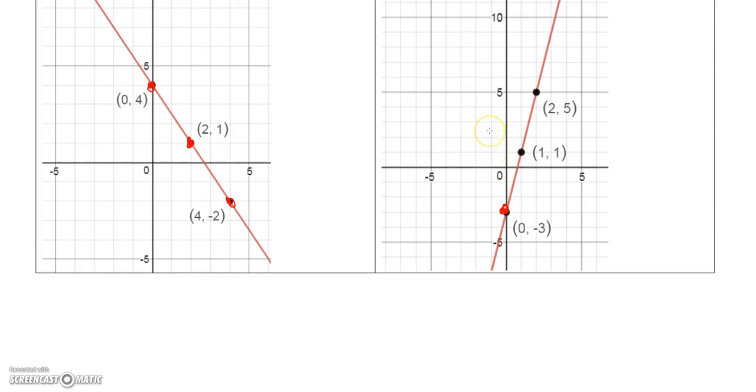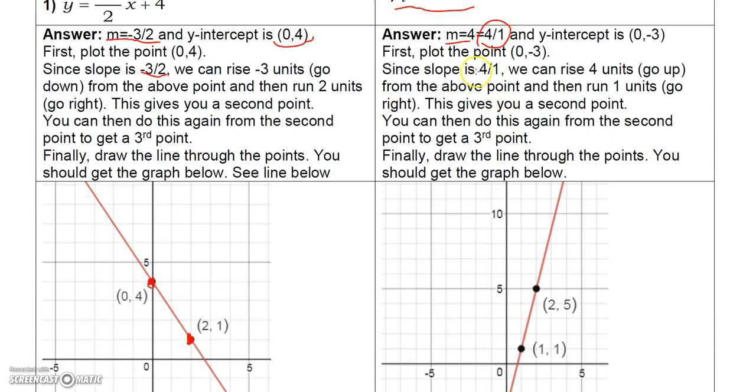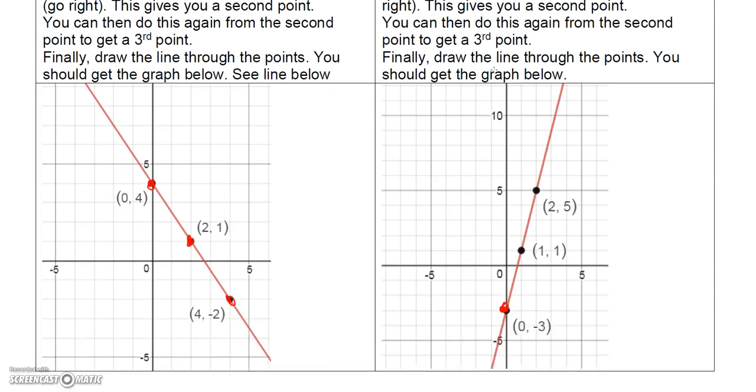So we plot that point 0, negative 3, and since the slope is 4 over 1, and slope represents rise over run, we know to get another point we could rise 4, which would mean we go up 4, and then run 1, which means we would go to the right 1 unit.